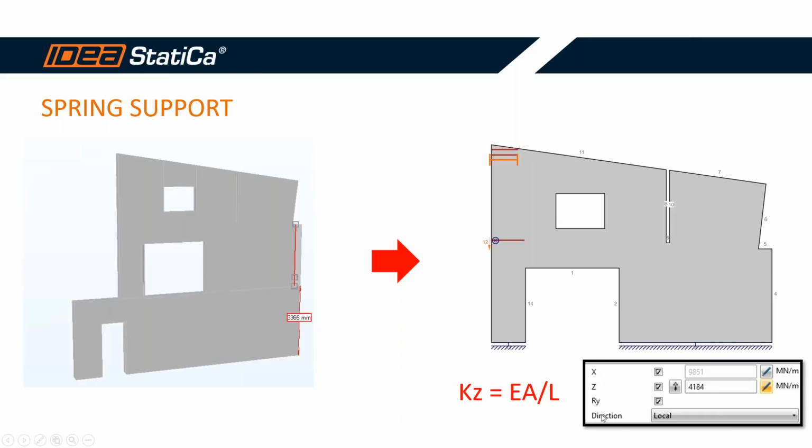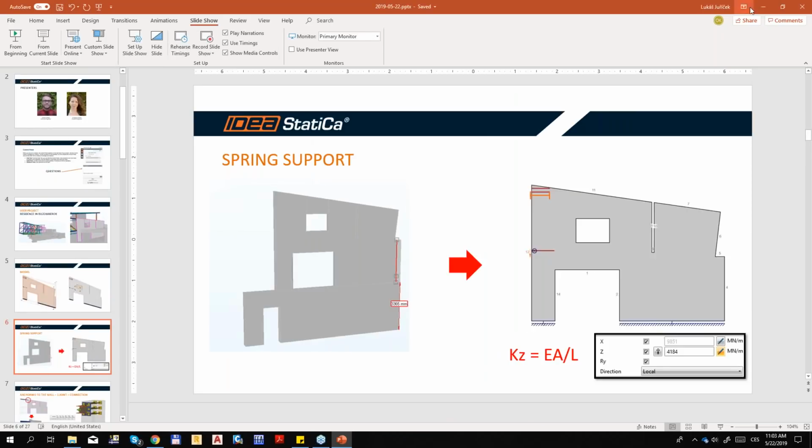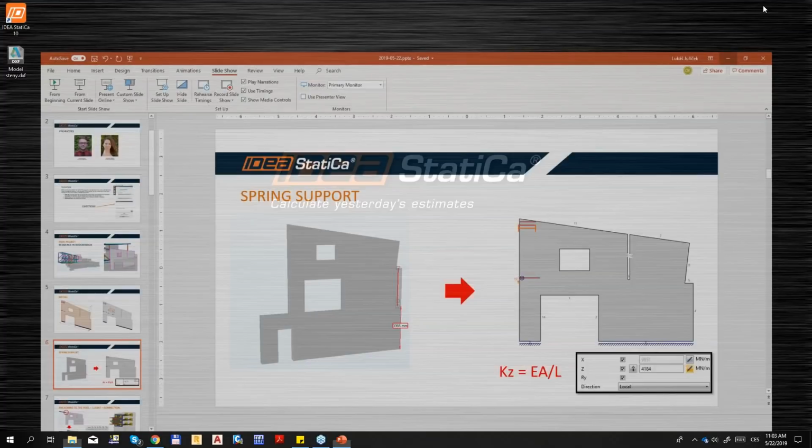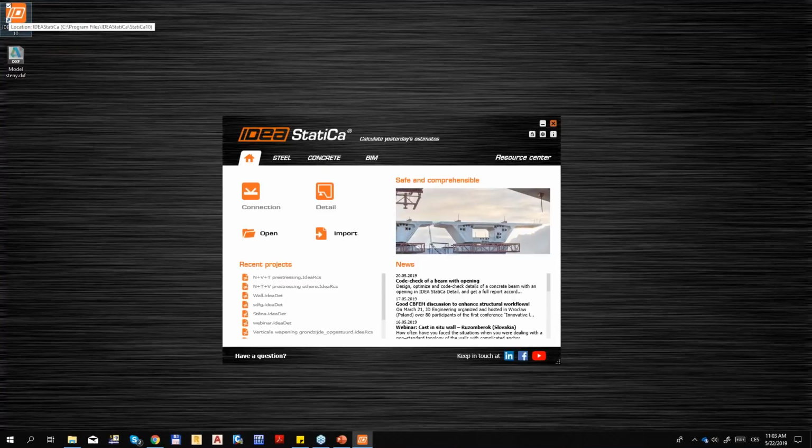So for a rigid boundary condition, we will use some stiffness which will be input to the IDEA StatiCa support condition. So I will jump into IDEA StatiCa and our application Detail.